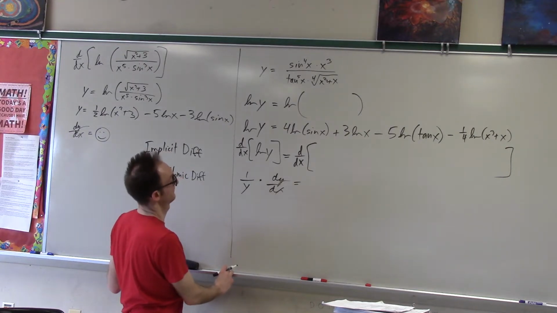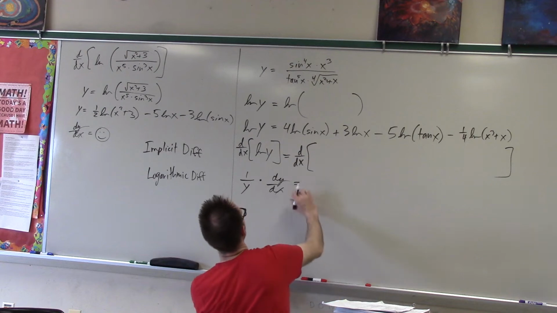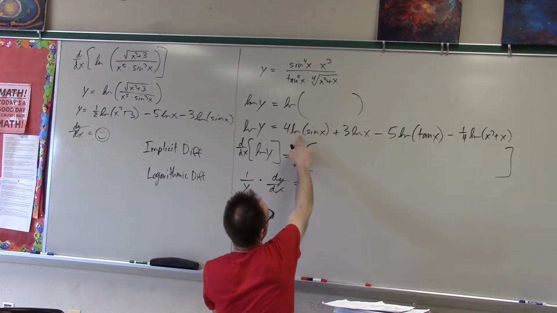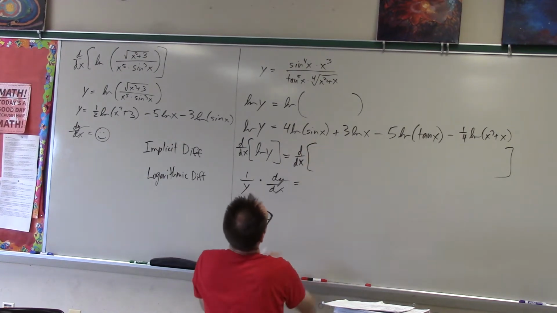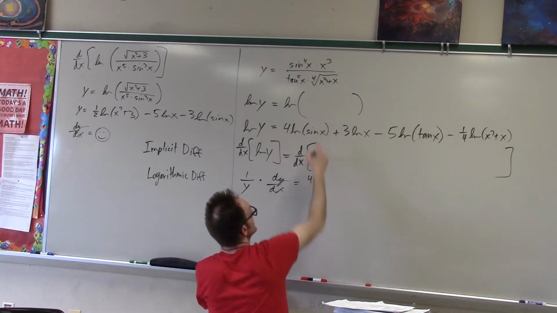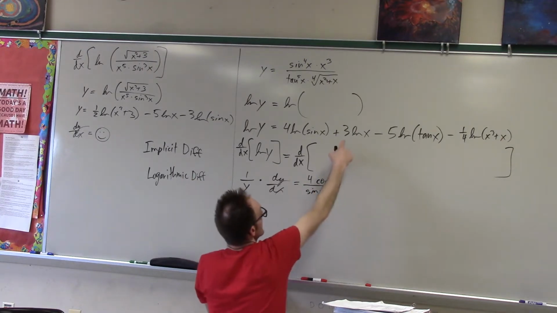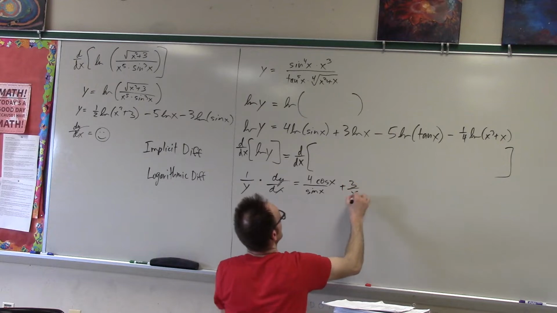This problem is kind of annoying. I think I could have made a simpler problem, but oops. Anyway, we can still do this. Now differentiating the right hand side: the derivative of ln of something is 1 over the something back inside for the derivative of the something. Here, this is just going to be 3 over x.